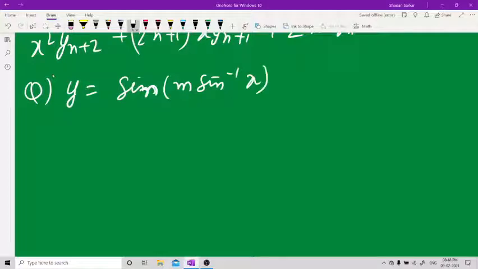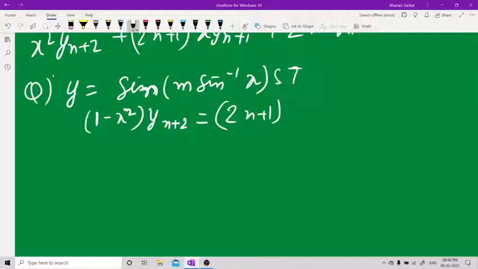I need to show that (1 minus x square) yn plus 2 is equal to (2n plus 1) x yn plus 1 plus (n square minus m square) yn. This is the thing I need to show.